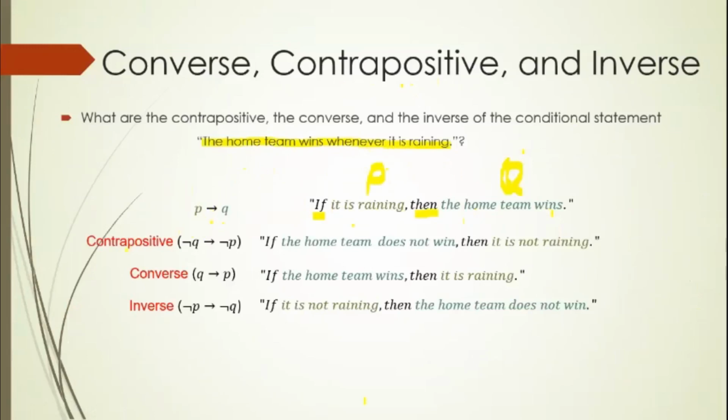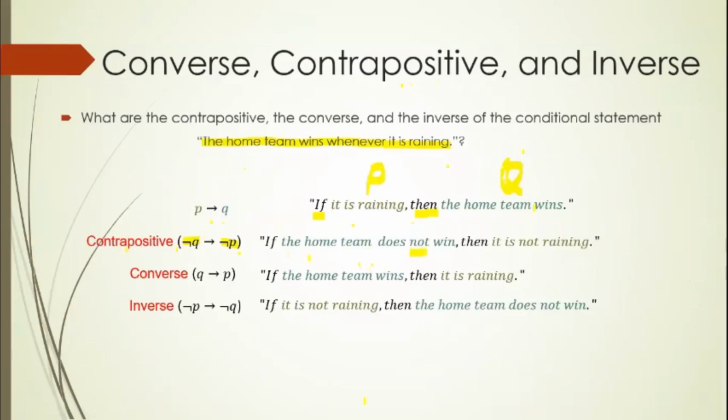Now, let us take the contrapositive. It says here, if not Q, then not P. Meaning, we are going to negate the statement Q first, followed by the negation of P. The home team wins, that is our Q. If we negate it, you would notice that we have introduced the word not.